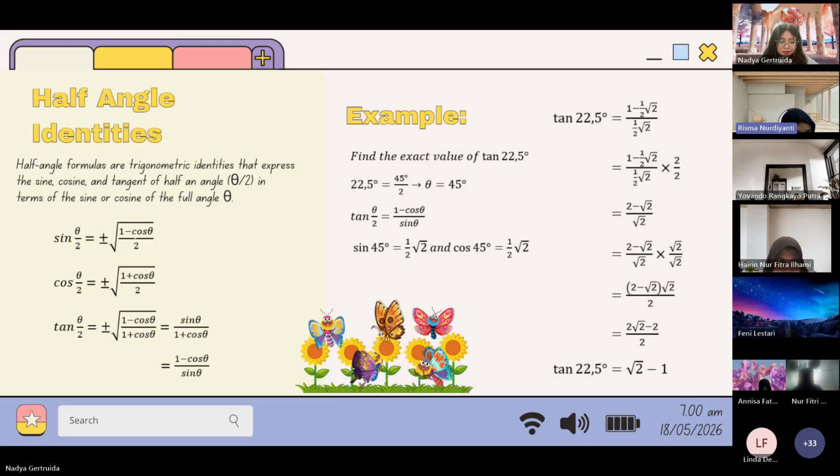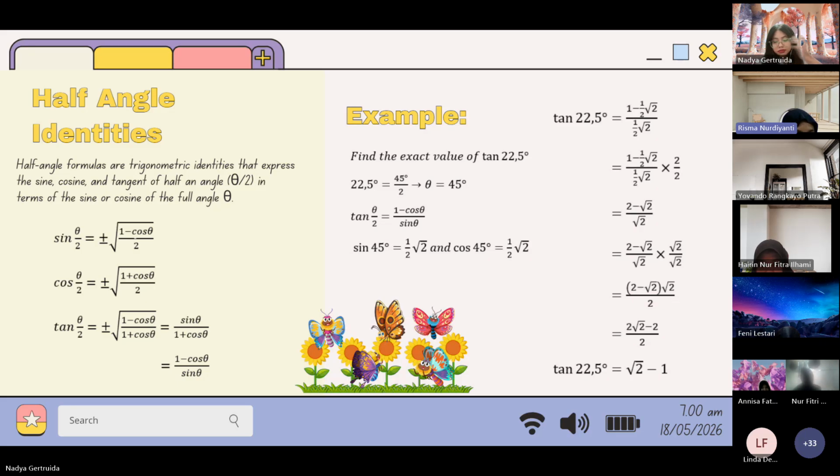Substituting into the formula and simplifying gives tangent 22.5 degrees equals 1 minus a half times the square root of 2 over a half times the square root of 2. Then, multiplying the numerator and denominator by 2, resulting in 2 minus the square root of 2 over the square root of 2.